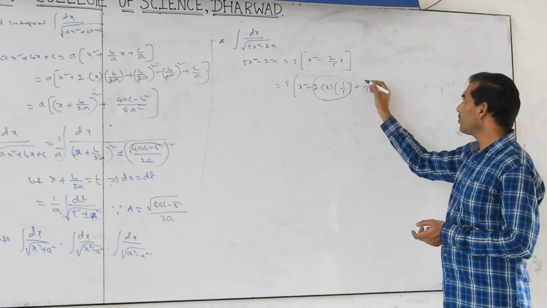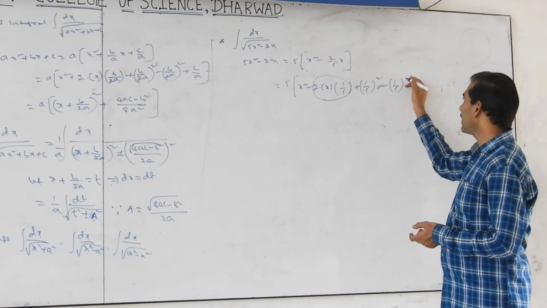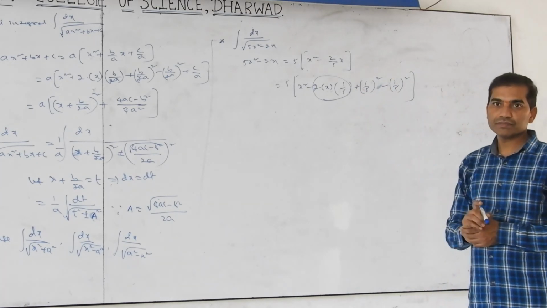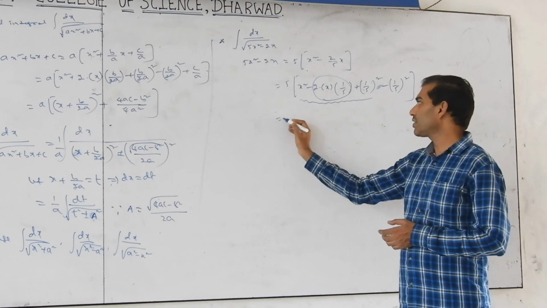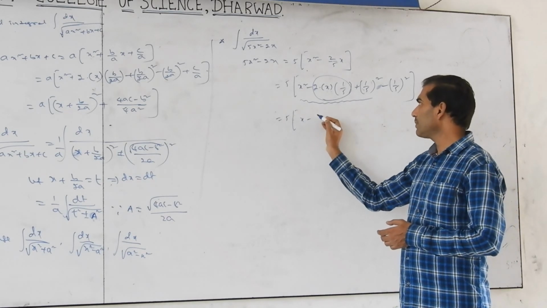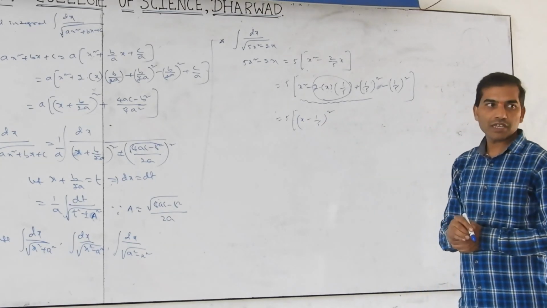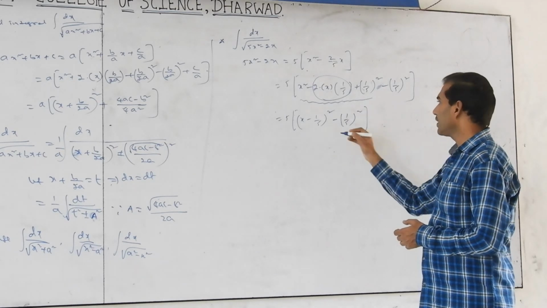1 by 5 whole square minus 1 by 5 whole square. Add and subtract, no other constant. This a square minus 2ab plus b square equals x minus 1 by 5 whole square. Finish.